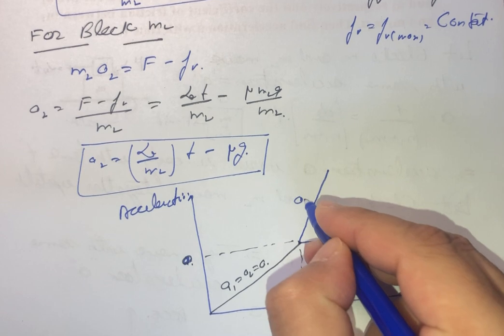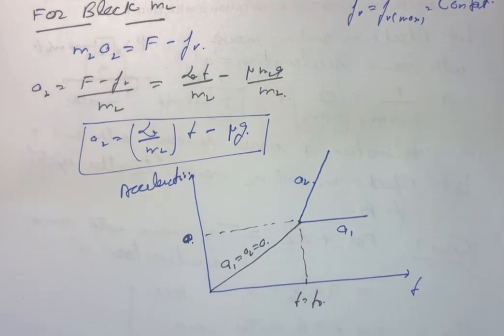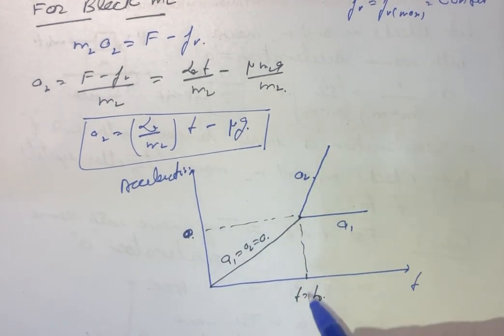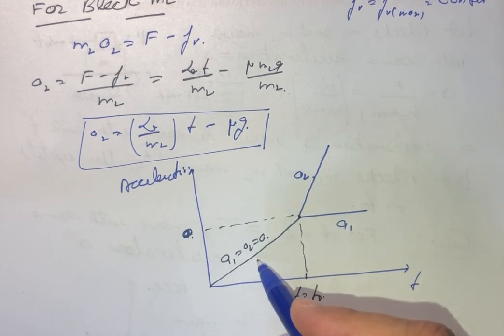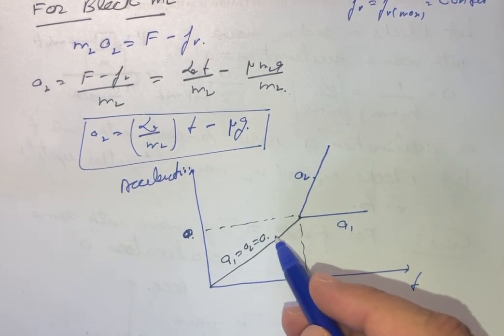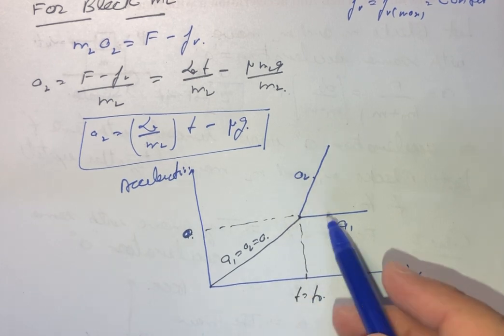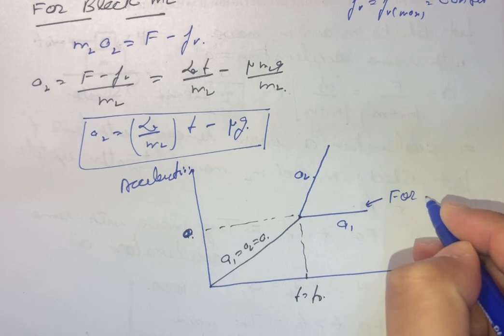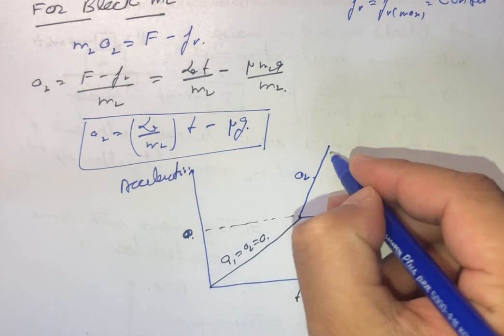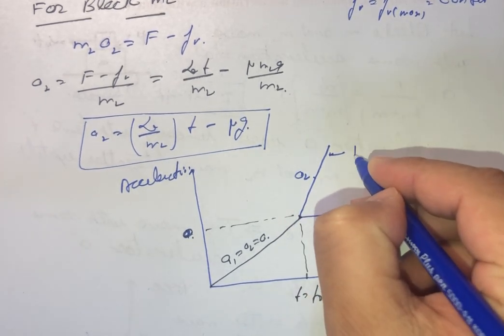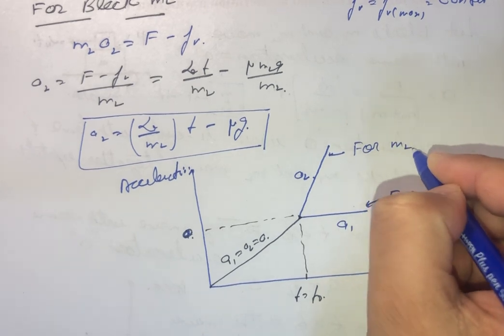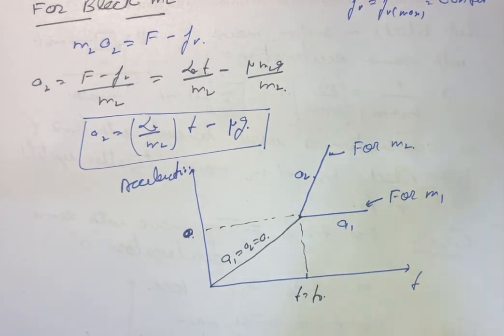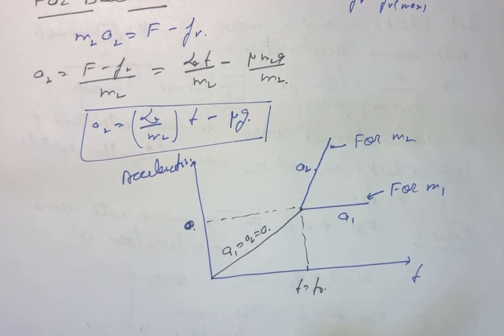So you can say up till t less than t naught, both will be traveling with the same acceleration, let us say that is a, and after that this is for m1 and this is for m2. Yeah, so this completes the question.